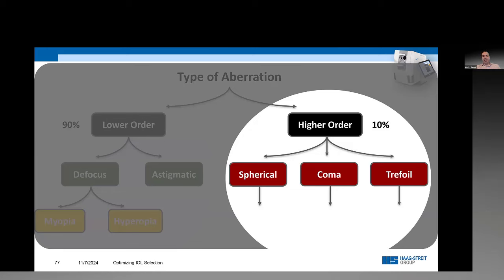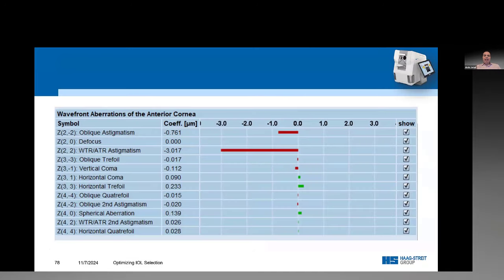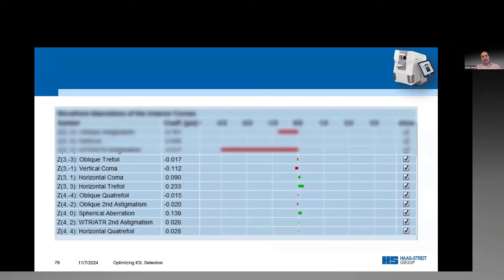High order aberration values cause vision distortion. Using premium IOLs will make the situation worse. So we must check higher order aberration before selecting a premium IOL.